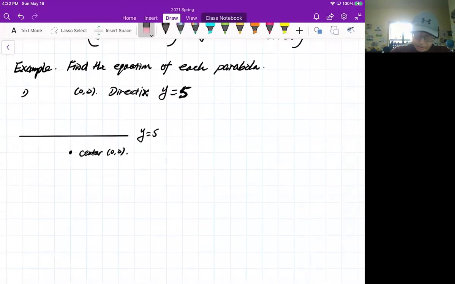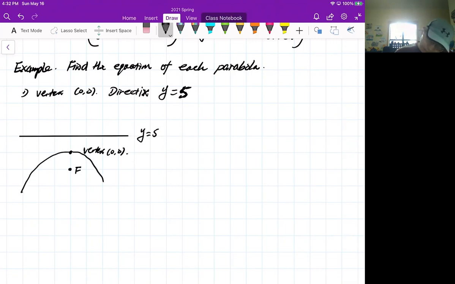It's just the vertex. The vertex is just between the focus and the directrix. So if the vertex is here, then this is the focus, and your picture will be something like that. This will be your parabola.